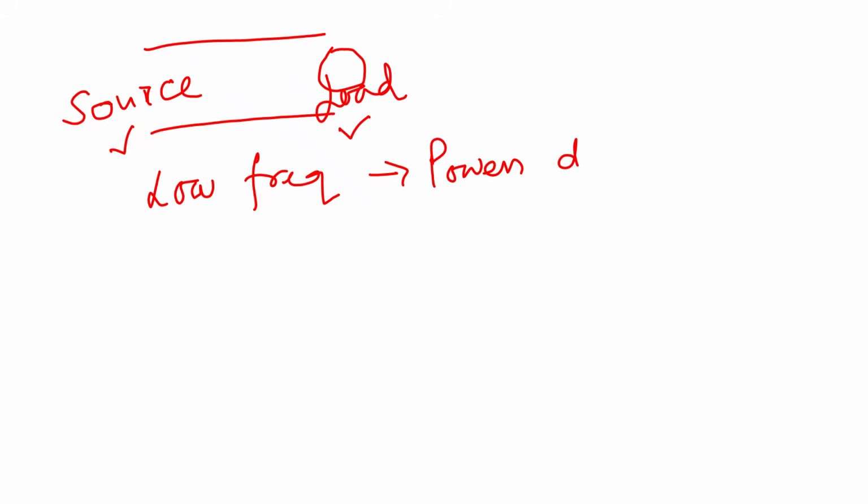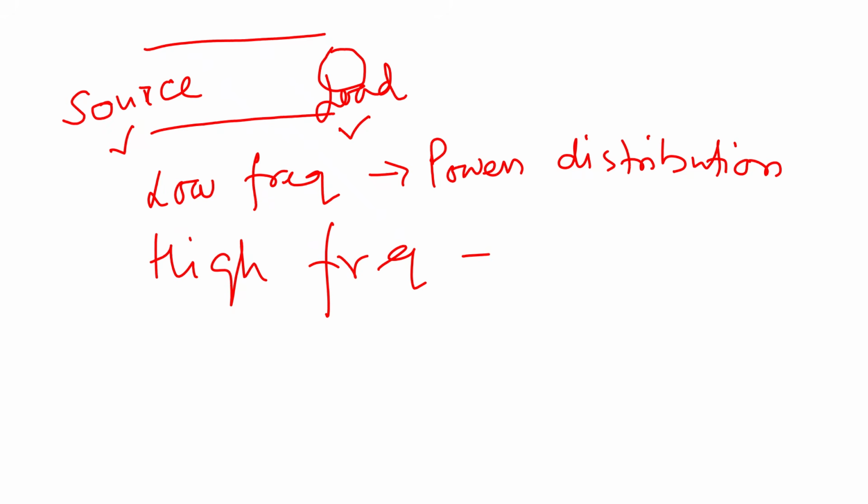This is the use of transmission line at low frequencies, and at high frequencies we use this transmission line for communication purpose. So these are the two major applications of transmission line.